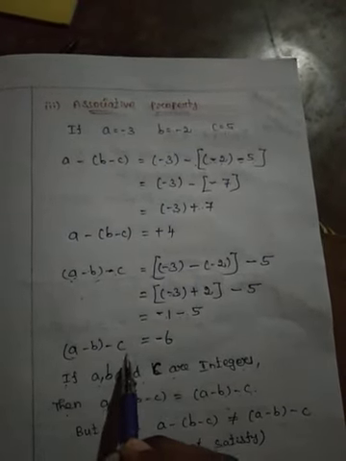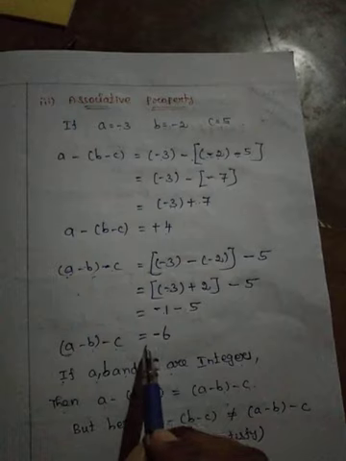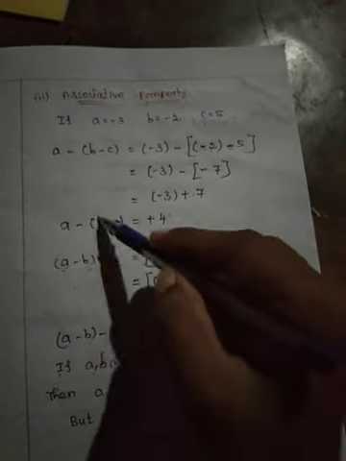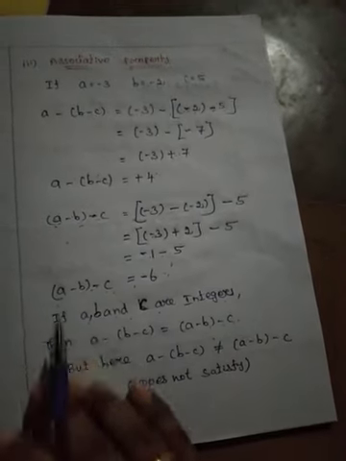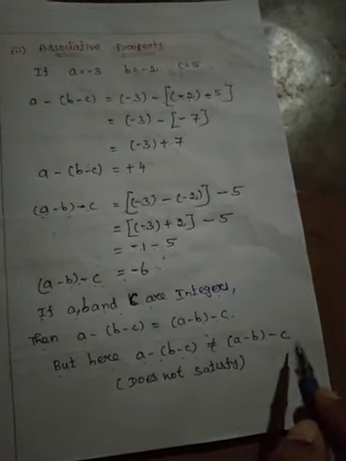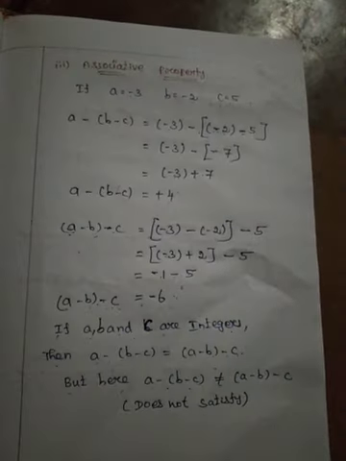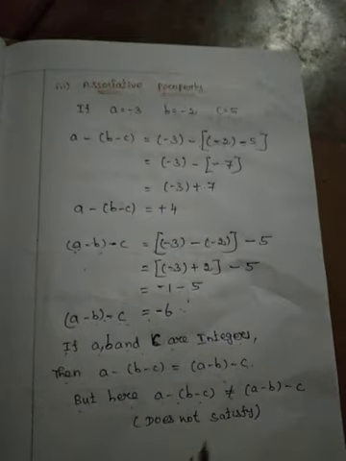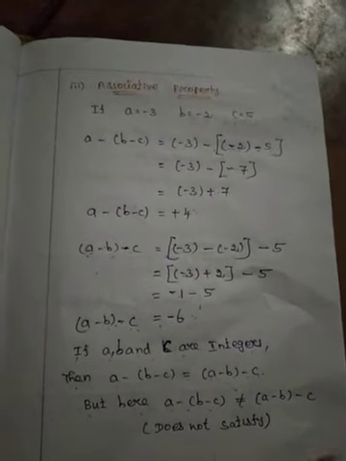The other grouping is equal to minus 6. Both are different answers, so they are not equal. Here the two groupings are not equal, so that also does not satisfy. So the associative property does not satisfy for subtraction of integers.